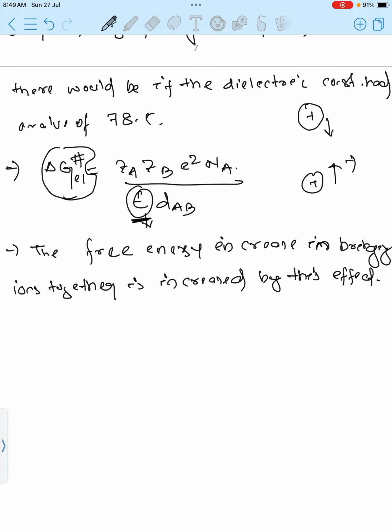So what will happen? The dielectric constant value would decrease, and what would happen to the Gibbs free energy? The free energy of activation due to the electrostatic contribution would also increase.